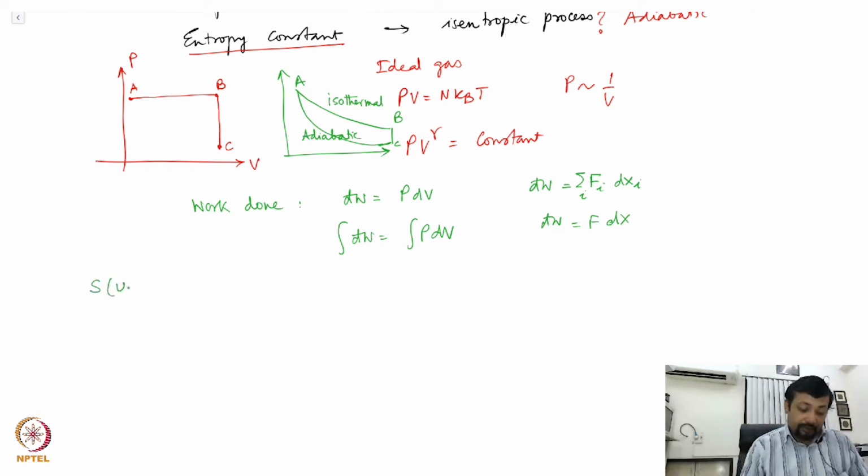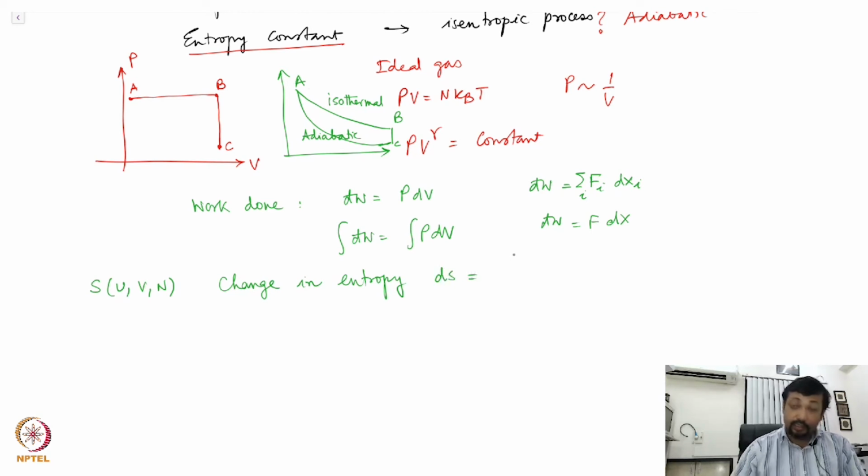Given S as a function of U, V, N, now typically whenever we give illustrations, we will only concern ourselves with the hydrostatic system. Then the change in entropy is dS. It's a state function.